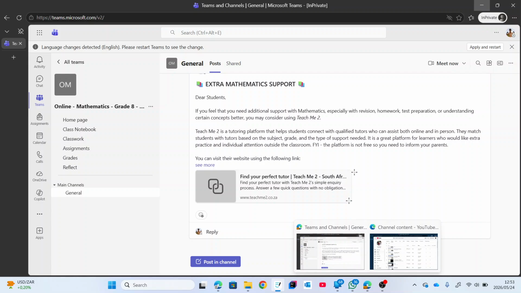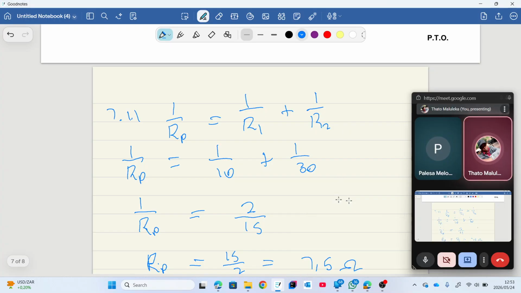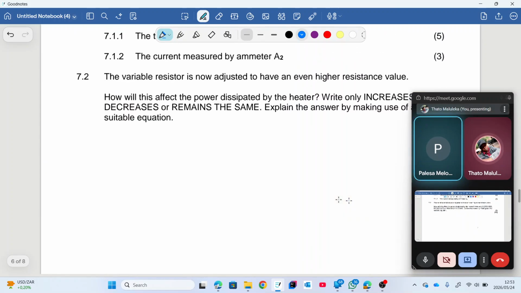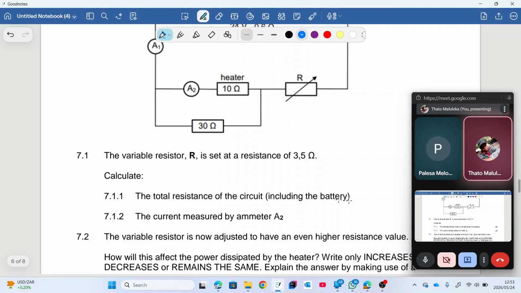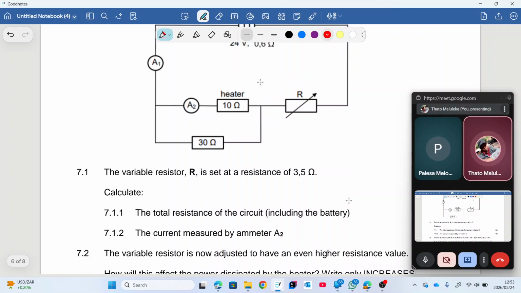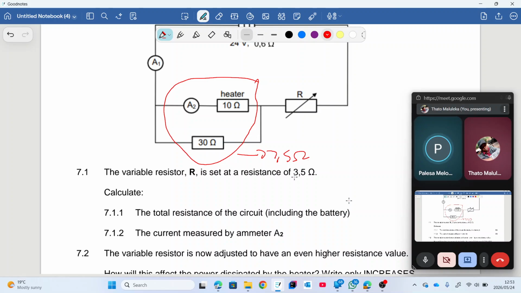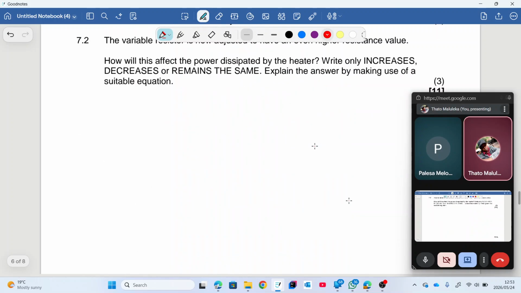This is just the parallel resistance. It's not the overall resistance of the circuit. The combination of these is giving us 7.5 ohms. Now they told us that R is set to be 3.5, and the internal resistance is 0.6.